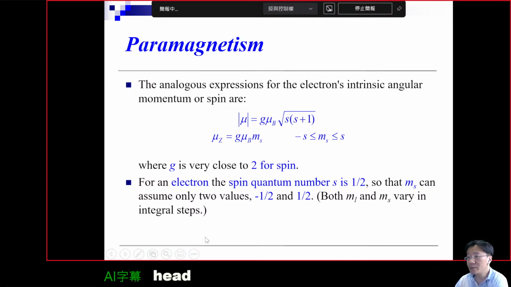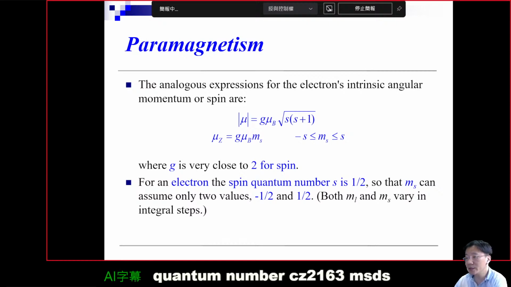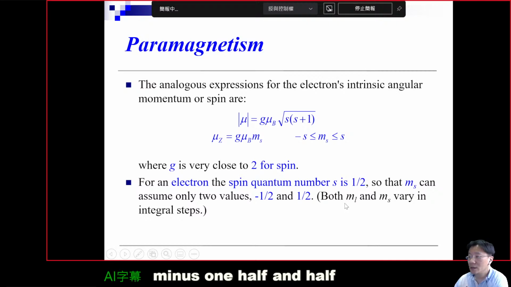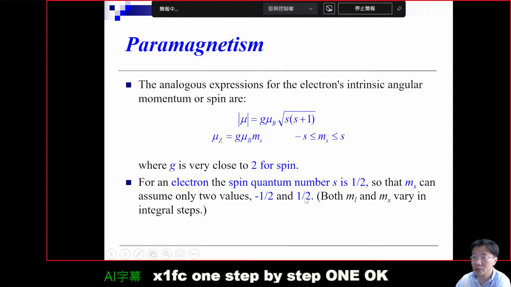So m_s would have only two values, minus 1/2 and 1/2, and both m_l and m_s vary in integral steps. So one spin state is minus 1/2 and the other is 1/2, because the step would be 1.